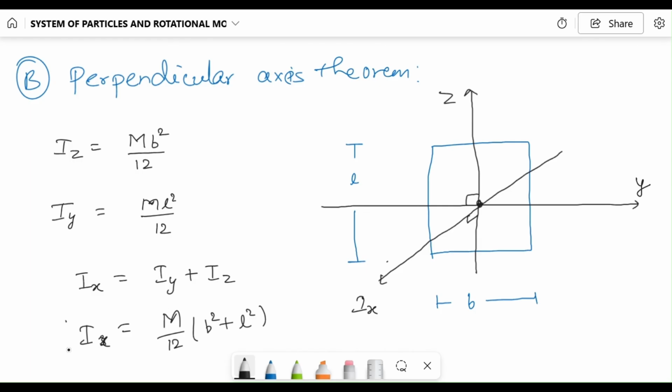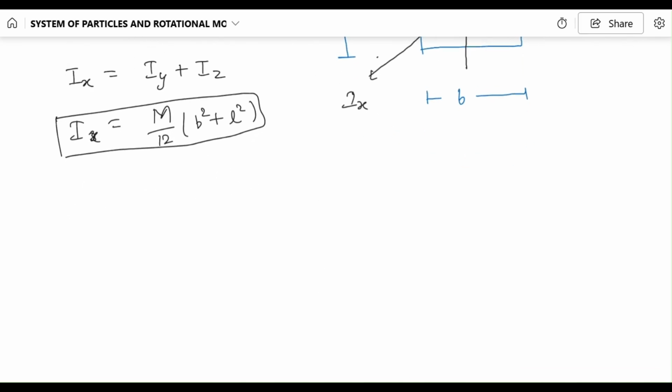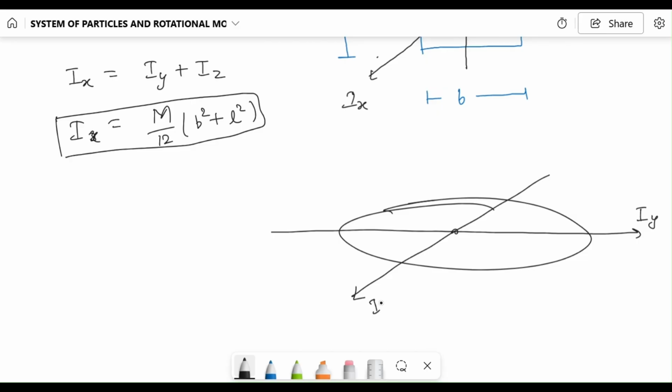In general, if we have any two-dimensional body, and one axis is here, and we know the moment of inertia about this axis, and another axis is here, and we know the moment of inertia of this lamina about this axis, then we can find the moment of inertia about an axis which is perpendicular to both these axes.